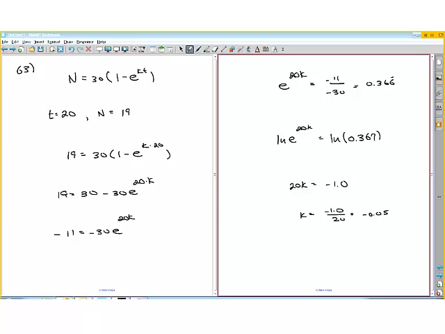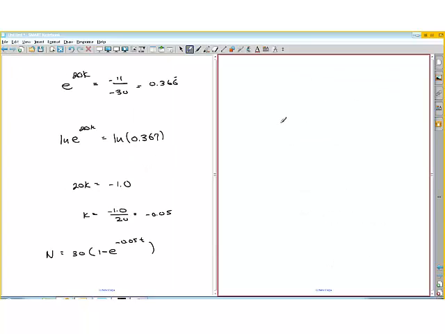So our original equation, based on this one condition, we can figure out what the equation is, which is 30 times (1 - e^(-0.05t)). So that's our learning curve. And then for the particular case of how many days should pass before this worker is producing 25 units, well, N equals 25, T equals question mark. So all I have to do is make the left-hand side 25, and you'll have 30 times (1 - e^(-0.05t)).